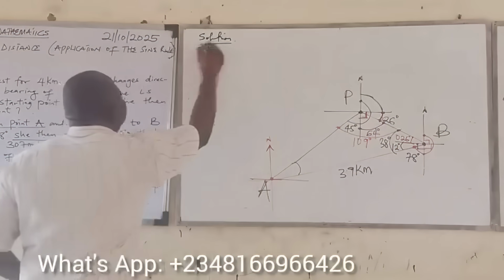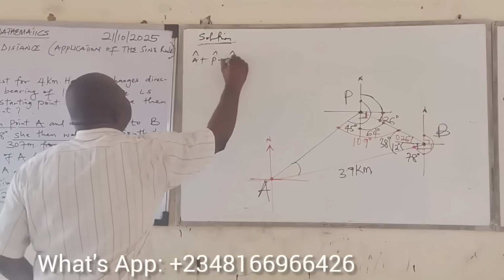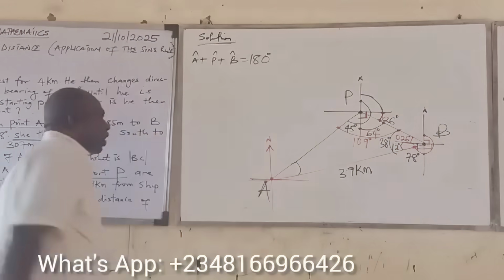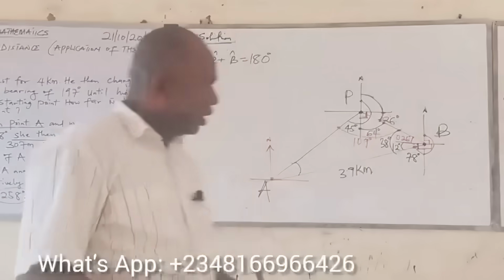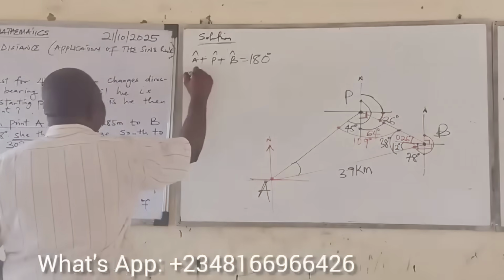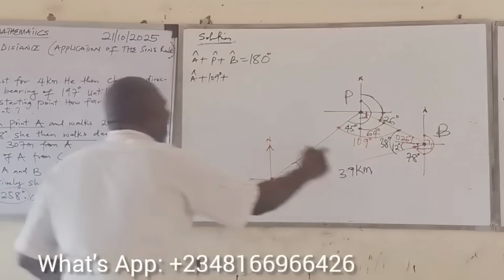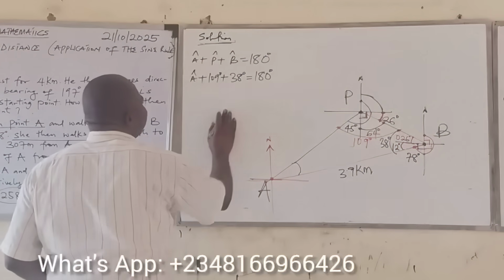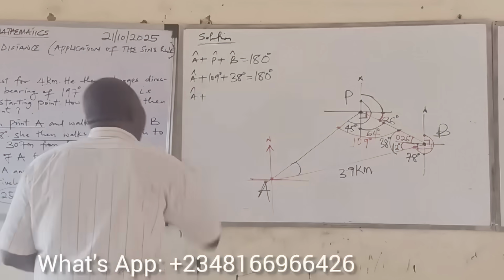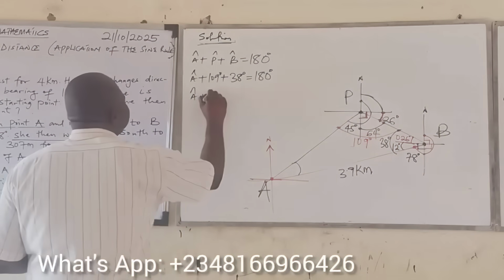Now remember, angle A plus angle P plus angle B is equal to 180 degrees. The sum of angles in a triangle is 180 degrees. So here, we have angle A plus angle P, which is 109 degrees, plus angle B, which is 38 degrees, equal to 180 degrees. 109 plus 38 gives us 147 degrees.